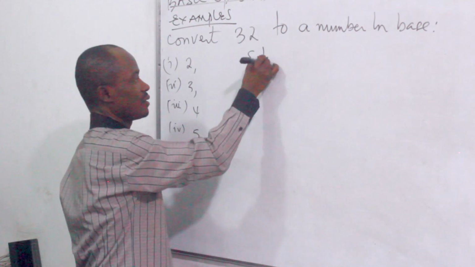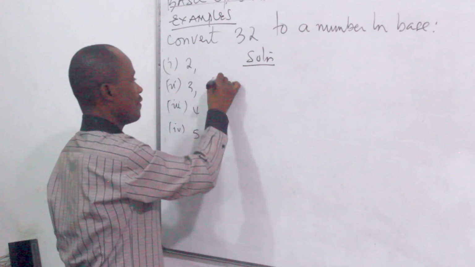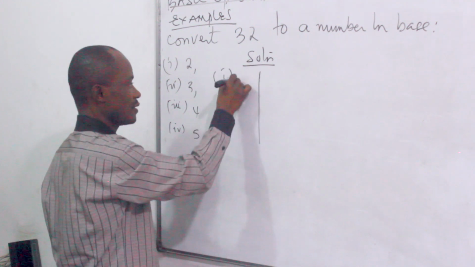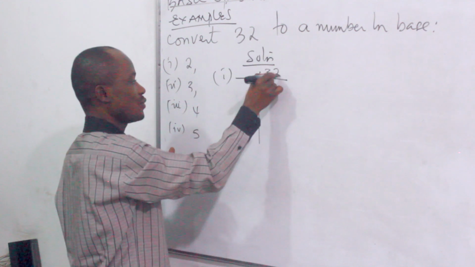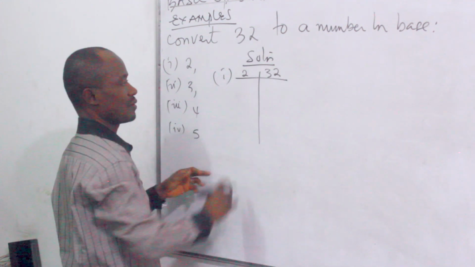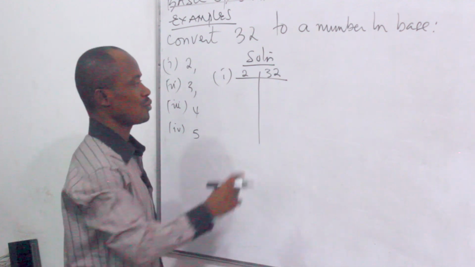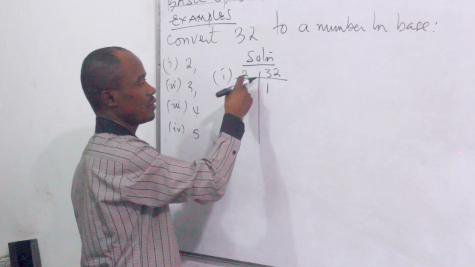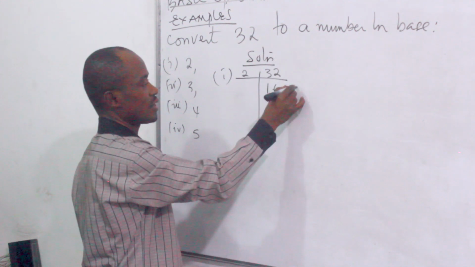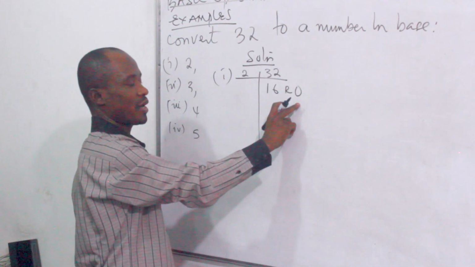Solution comes here. We use the long division method. Here we have the natural number on the right side, 32, while the other base is on the left side. So 2 into 32. 2 into 3 goes 1, remainder 1, plus this gives 12. 2 into 12 is 6, remainder 0. Always write the remainder.